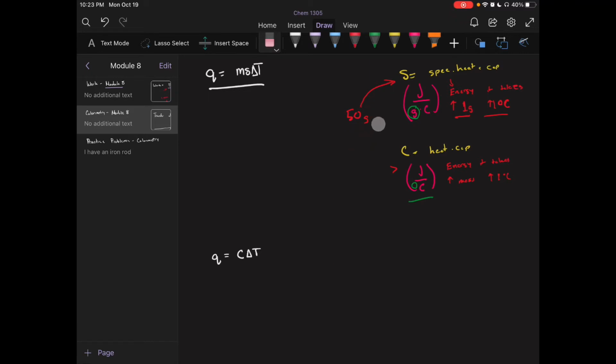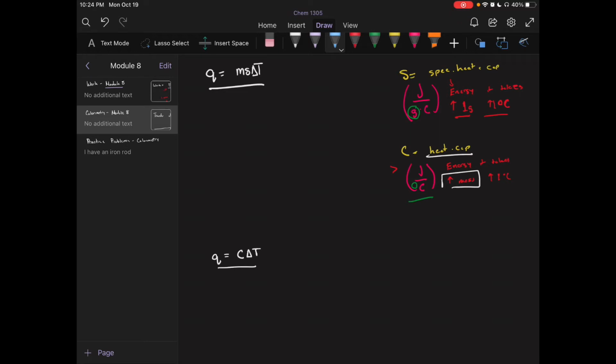So just remember, specific heat capacity is related to 1 gram of the substance, and heat capacity, just regular heat capacity, is related to the entire mass of the substance. And we'll see it within these formulas. Let's start off with this top one. This top one is where the following two formulas are derived from.